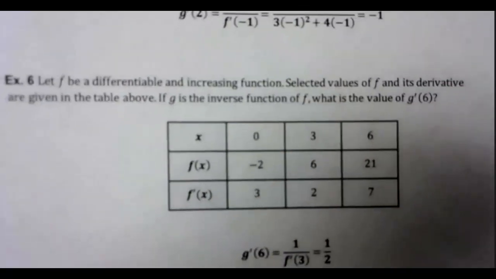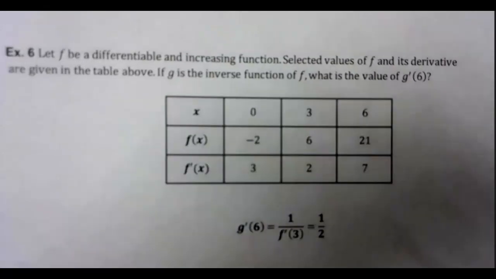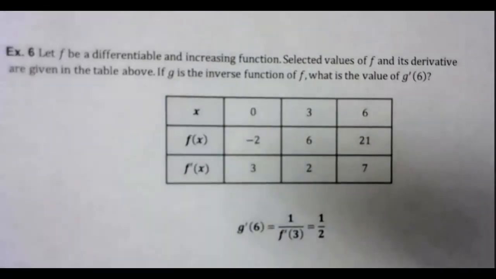Okay, and then example 6. So here we have a table. And on that table it says, let f be a differentiable and increasing function. Selected values of f and its derivative are given in the table above.